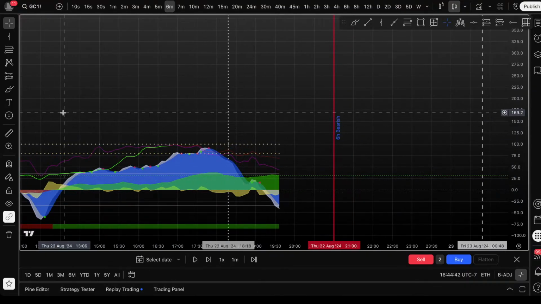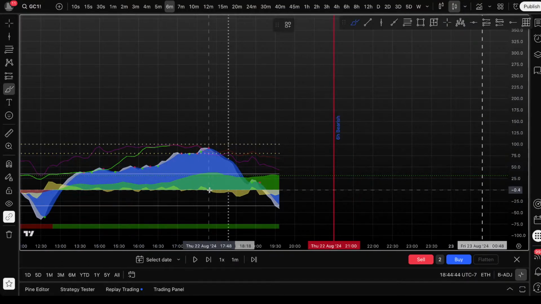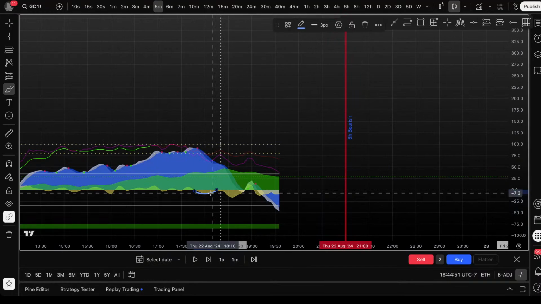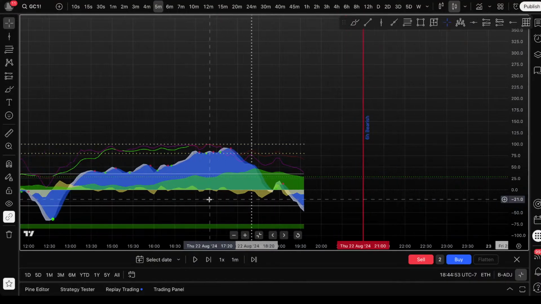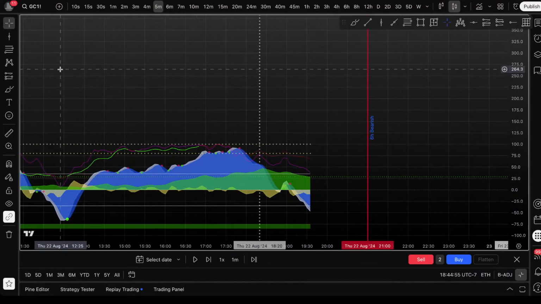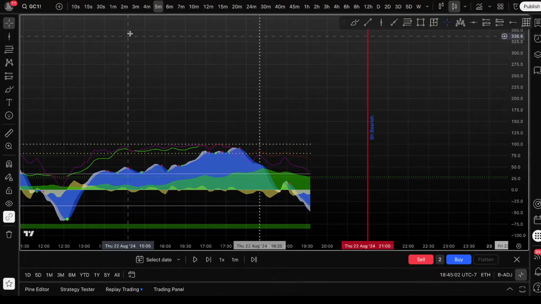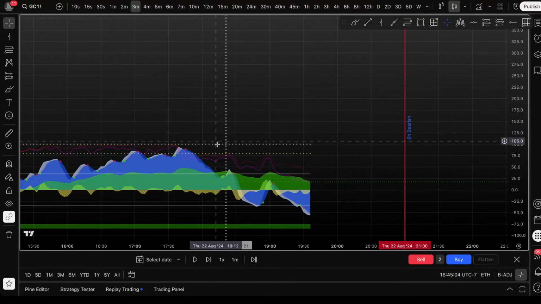Now, 6 minute, with the VWAP coming up like that, I think I did say something about the 5 minute VWAP, didn't I? You know what? The VWAP on the 5 minute was hitting. We'll give ourselves credit there.